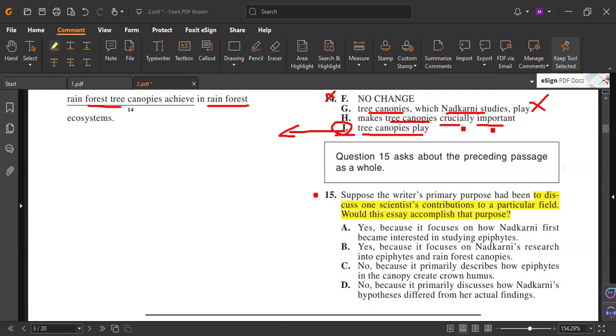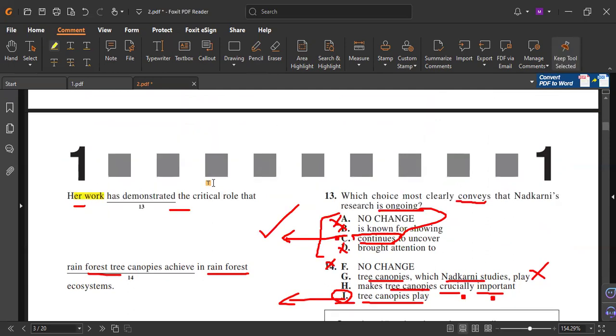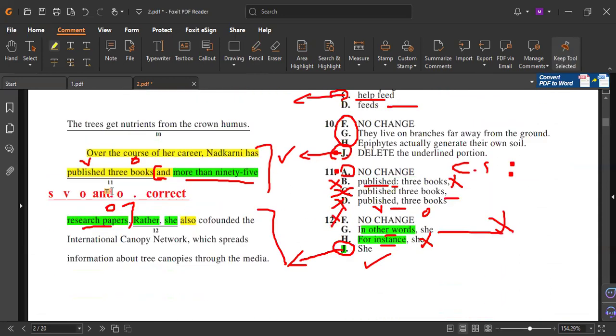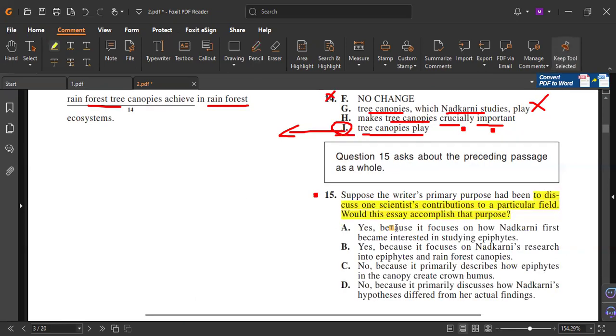So I must go and check. We are talking about the contributions of this person, yes, her work demonstrated a critical role, and through the passage, from the beginning of each paragraph, from the information I read. But don't trust your memory. Always check the reasons. Is it mentioned in the text or not?